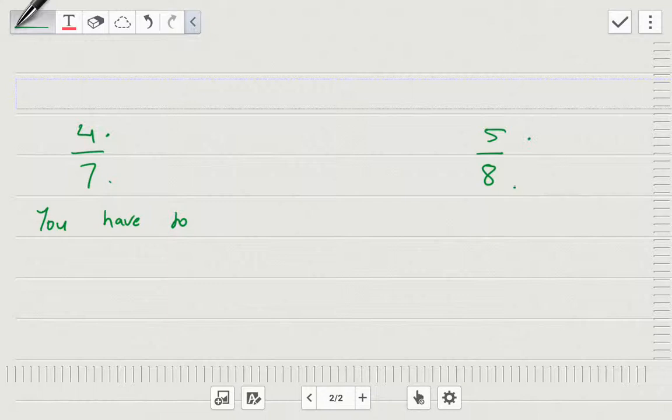What I suggest you do is convert the bottom ones, because that makes your life a whole lot easier for other purposes too. The bottom ones to the same value. But how do you do that?